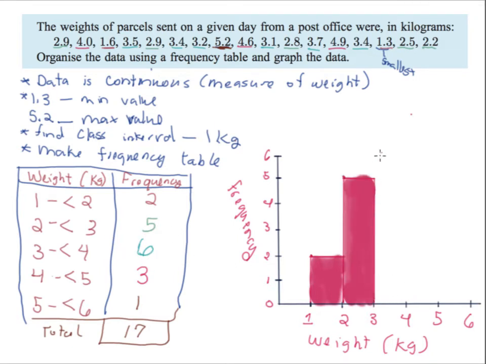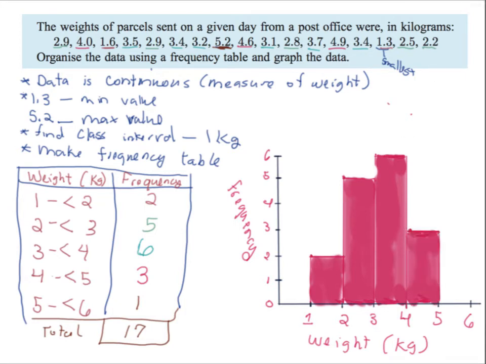From 3 to 4, we have 6 parcels in that category. From 4 to 5 kilograms, we have 3 parcels. And from 5 to 6, we have 1 parcel. Last but not least, you're going to title your frequency histogram. In this case, this is parcel weights. And now you have successfully made your first histogram.